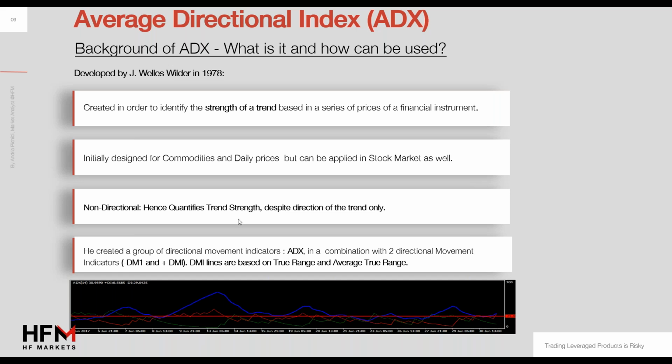So let's move on. Since the majority of you are trend traders, you are already well aware that trading in the direction of the trend is a plus. That reduces the risk and increases profit potential. There is this phrase that we keep saying, that the trend is your friend.